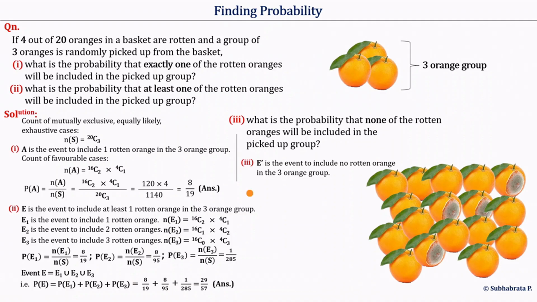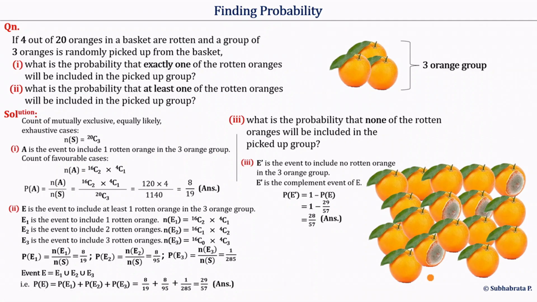Notice here that E prime is actually the complement of the event E, consisting of the cases in which one or more rotten oranges are included in the group of three oranges we pick. So we can write here probability of event E prime equals 1 minus probability of event E, that is 1 minus this value from here, which equals 28 by 57, which is the answer to the third question.